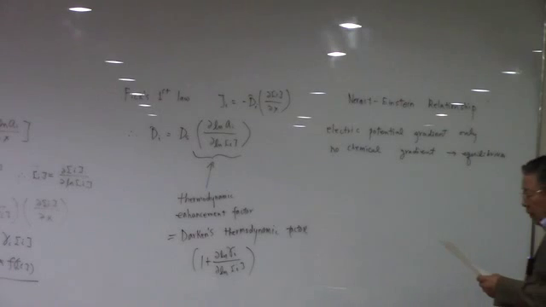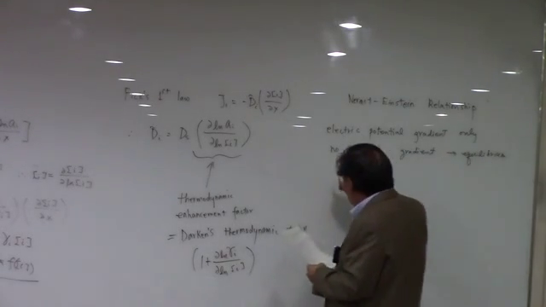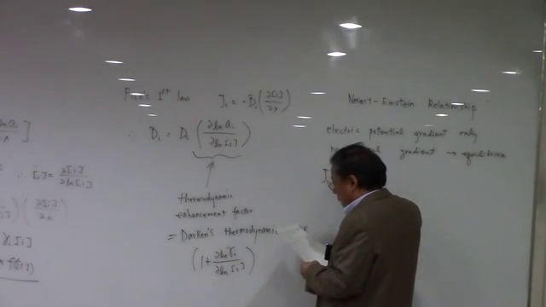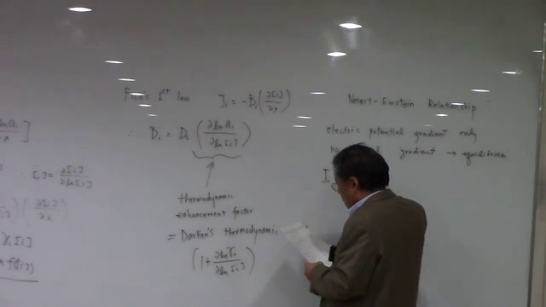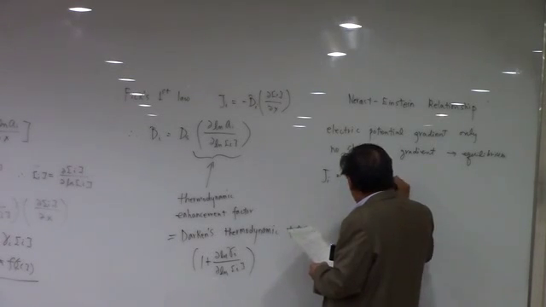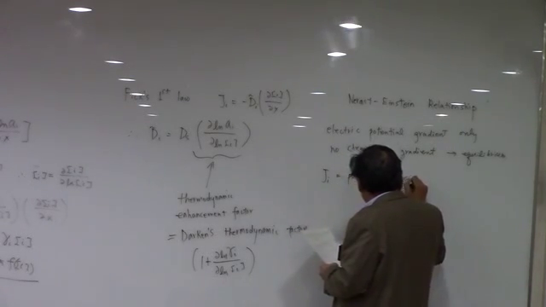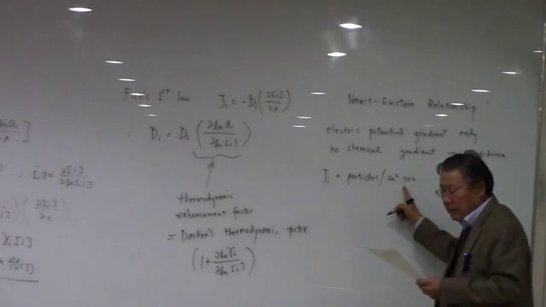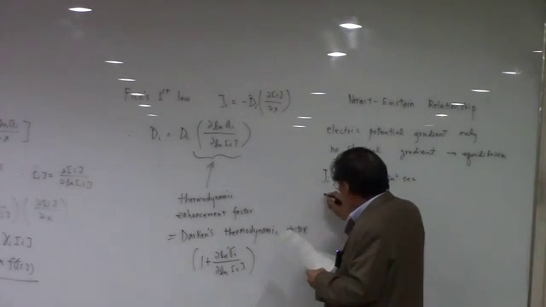Say we have a situation like this, and the Ji is the particle flux density, again the particles per centimeter square through a reference plane per unit time.